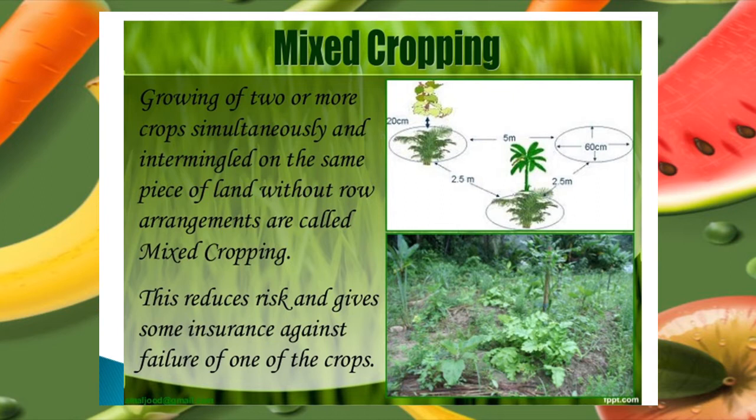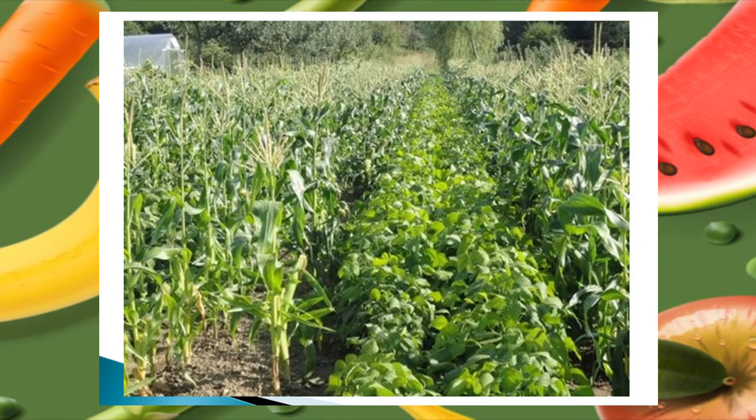Due to some reason, farmers do not get any benefit from wheat crop, then he can get benefit from the gram crop. Here you can see the example of mixed cropping. Seeds are randomly mixed together, so the harvesting becomes comparatively difficult in case of the mixed cropping.